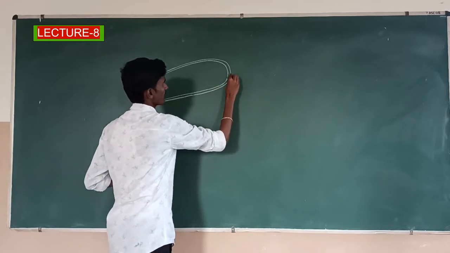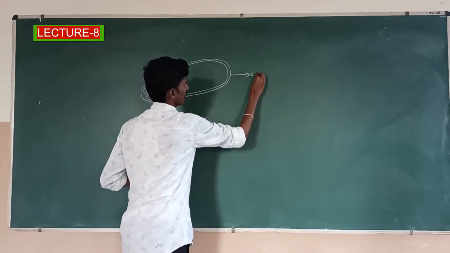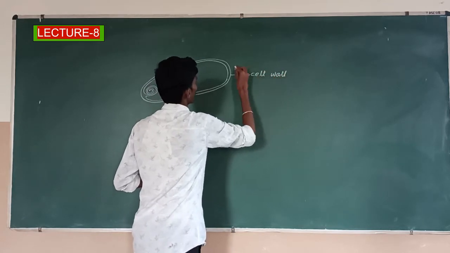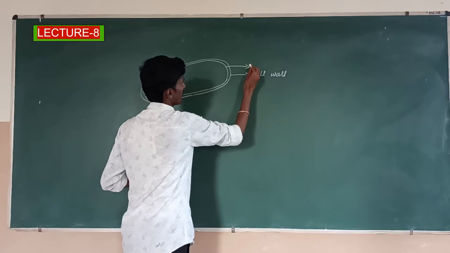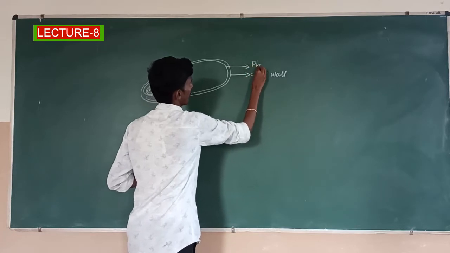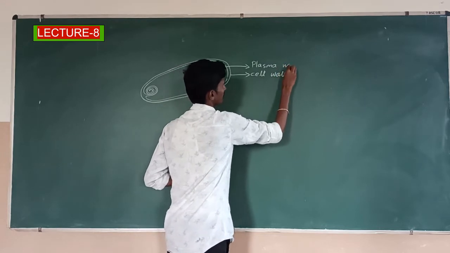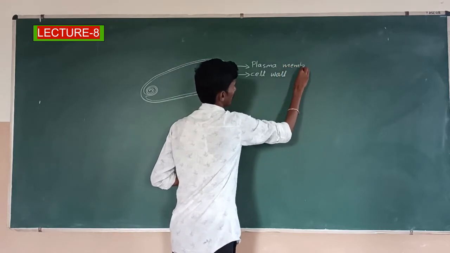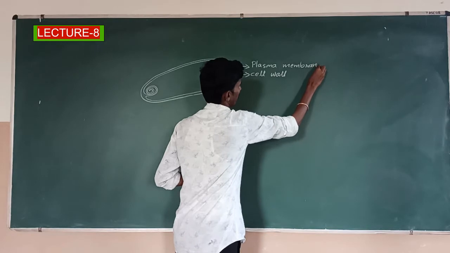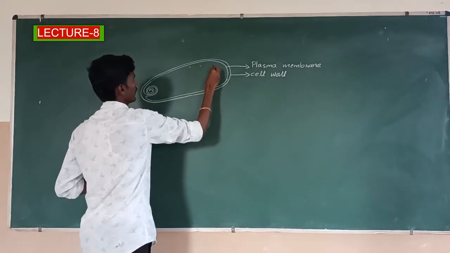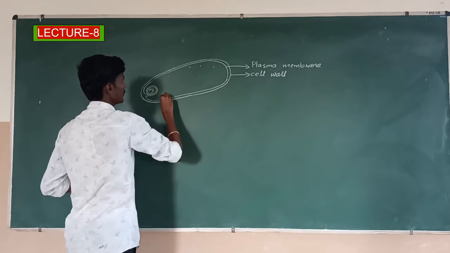This is the cell wall, and this is the innermost covering, called the plasma membrane.